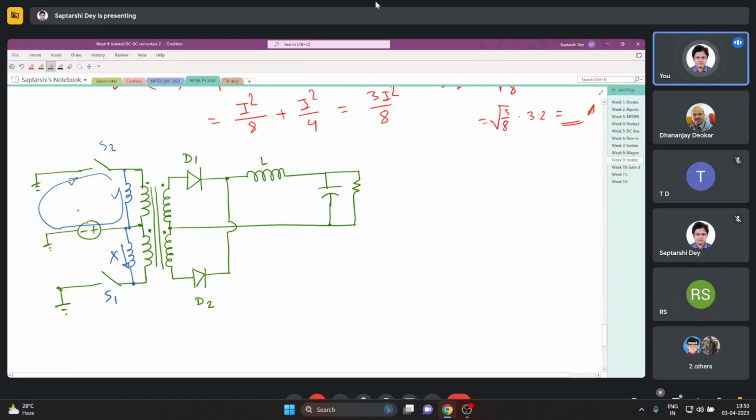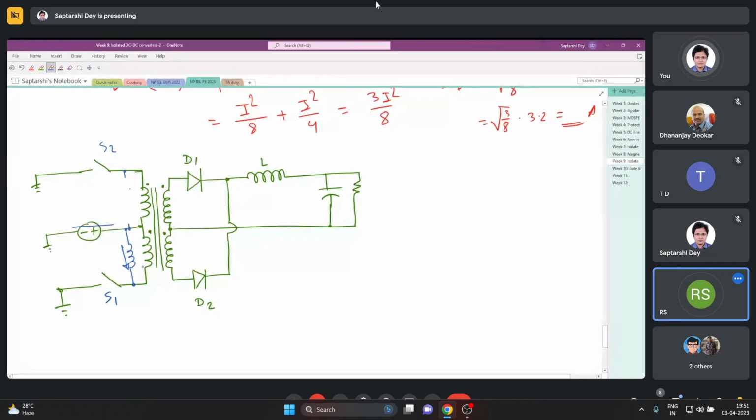Another explanation can be like this: if you are not comfortable with taking magnetizing current once here, once there, magnetizing winding once here, once there, then I think this explanation should also work. Let us keep it here only. We turned on S1, current was flowing like this, then we turned it off. So it will have a path like this to flow.